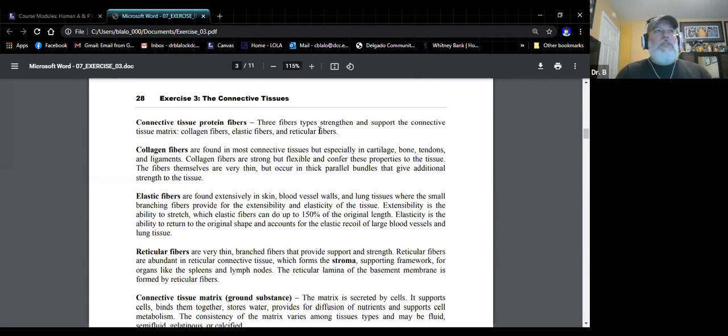If we have a connective tissue that's high in collagen fibers, it's going to behave more like collagen fibers. If we have a connective tissue that's high in elastic fibers, it's going to have properties highly associated with those that we find in the elastic fibers. And if it has a greater amount of reticular fibers, it's going to take on the properties of the reticular fibers. It's kind of like when you cook.